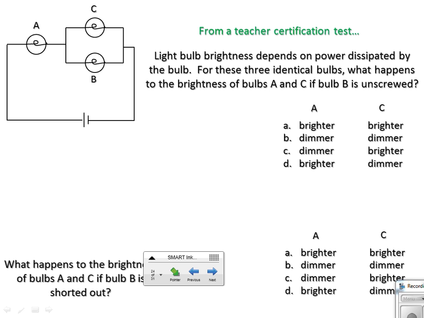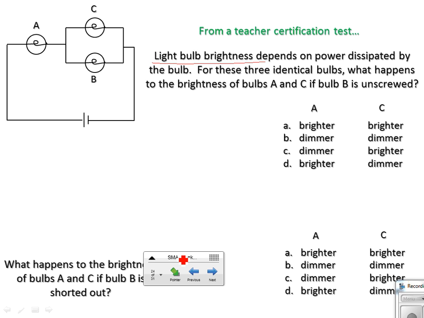Okay. So, I remember this from a test. I took this test several years ago for part of my teacher certification, and this was on it. It said there are 3 light bulbs that are identical, and this is a big deal.